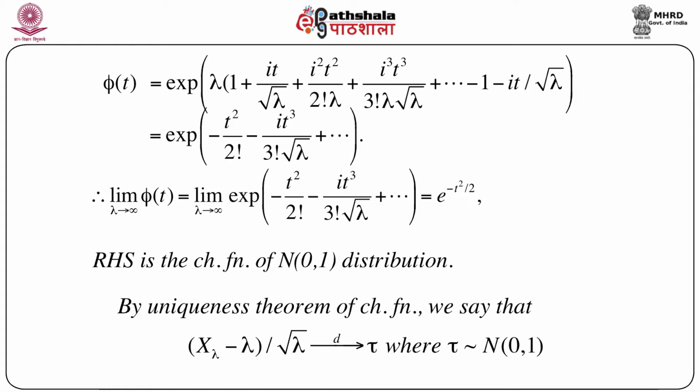If we can get some function which is the characteristic function of some known variable, then we can immediately claim that the limiting distribution is the distribution corresponding to that limiting characteristic function. So this is a nice technique for deriving the asymptotic distribution of standardized variables, or in general for other sequences of variables or functions of sequences of random variables.